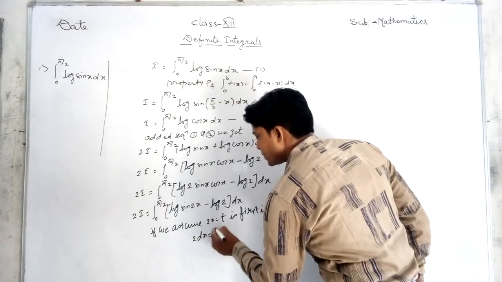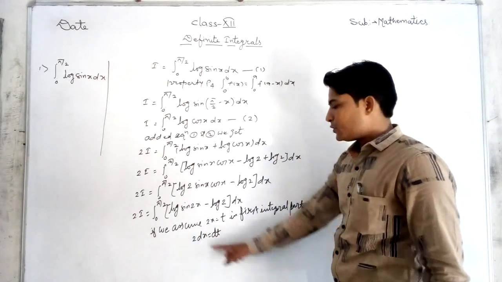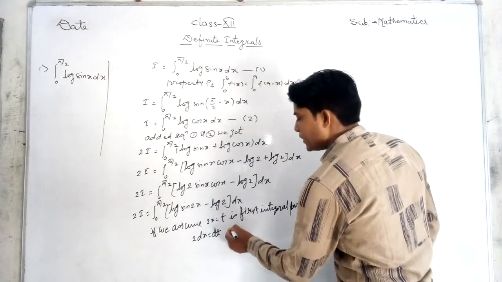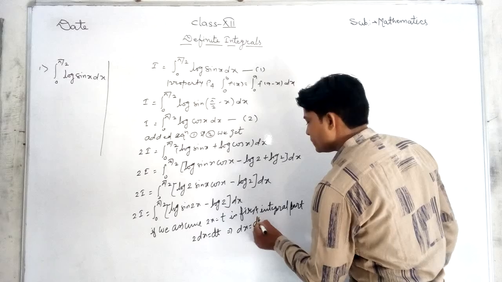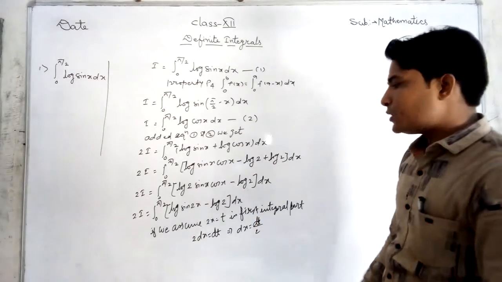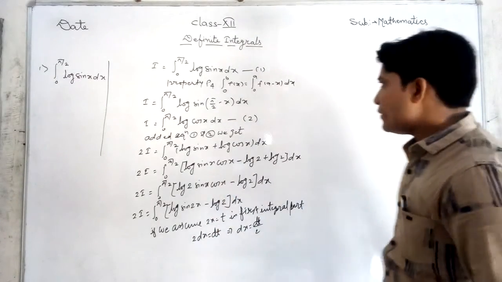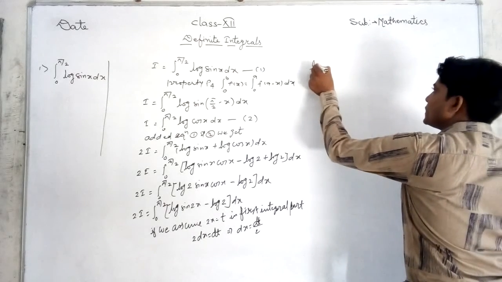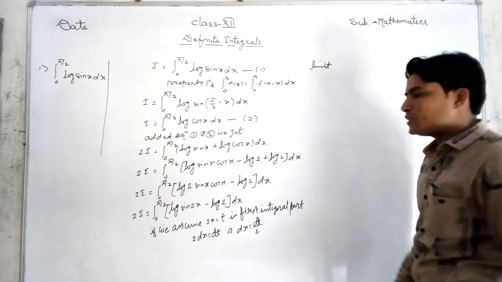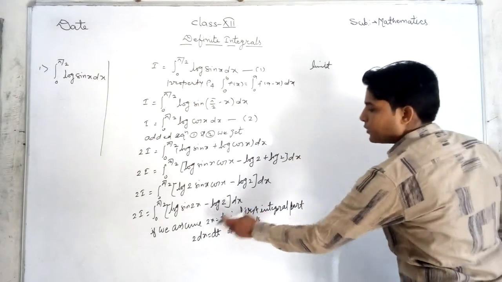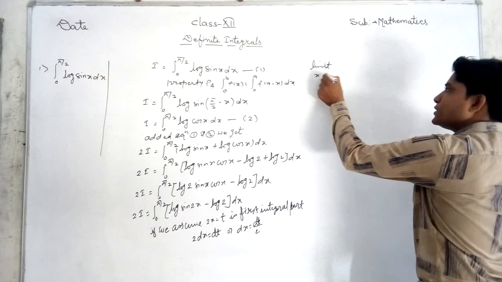Now what do our limits change to? If x is equal to 0, then t is also equal to 0. But if x equals pi by 2, then t becomes pi.